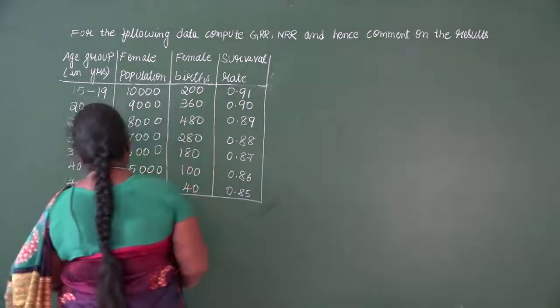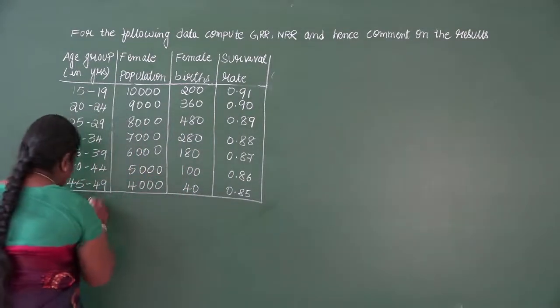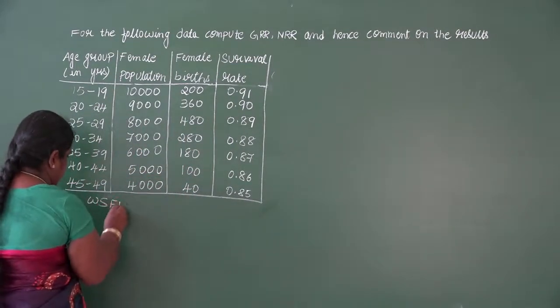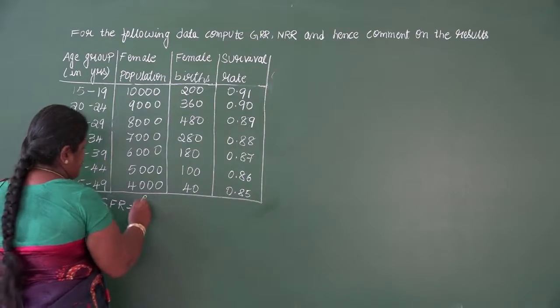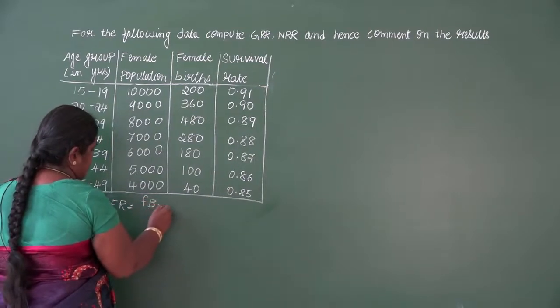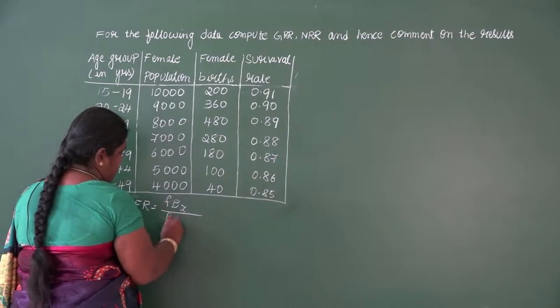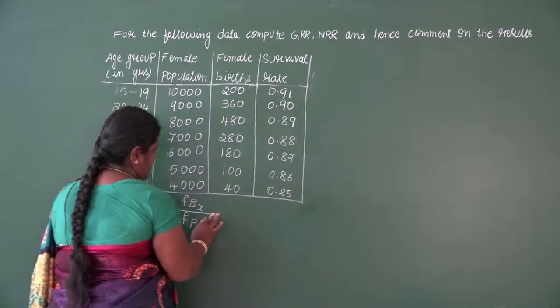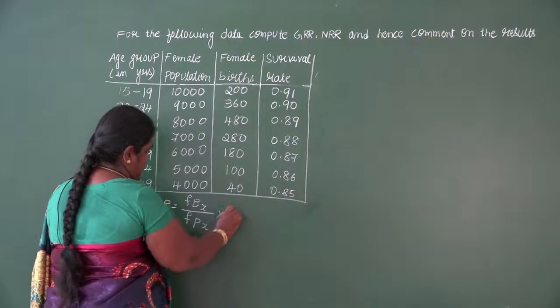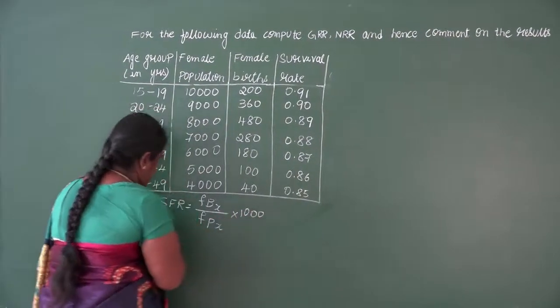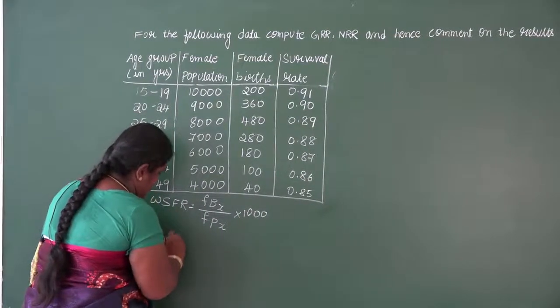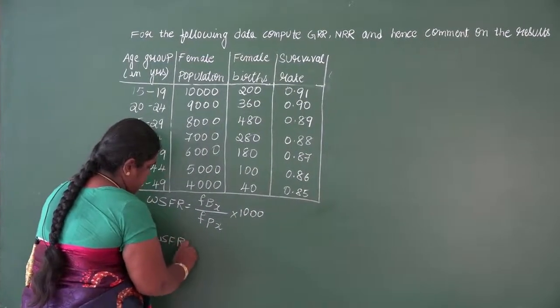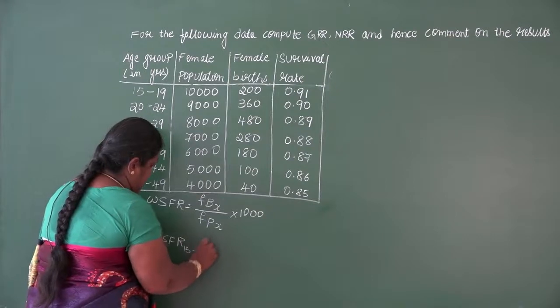So the first step is writing the WSFR formula. So WSFR is female birth at time period X divided by female population at time period X into 1000. So one step calculation of WSFR, that is for the age group 15 to 19.